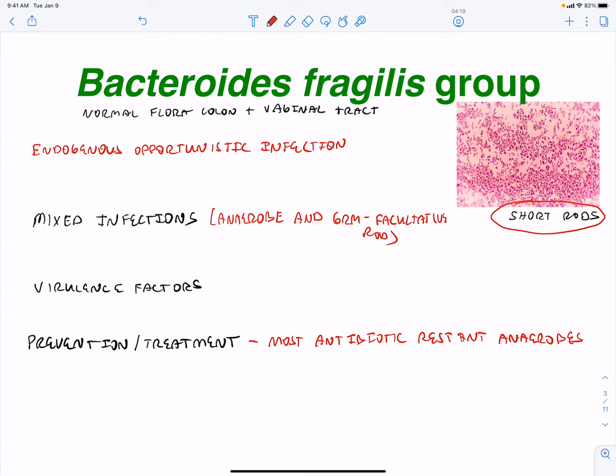And so there are some predisposing factors for getting a Bacteroides infection. You're going to have ulcerations. It can infect if there's an ulcer. And you can have a trauma or surgery. Now, these guys are going to cause mixed infections for the most part, which is going to be the anaerobe Bacteroides fragilis and some sort of gram-negative facultative rod, usually.